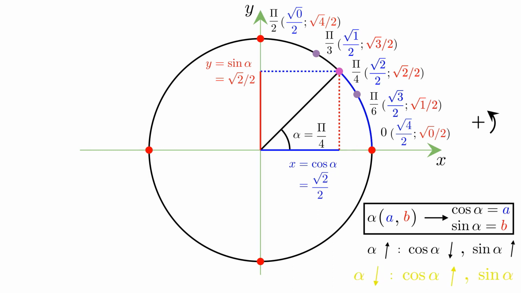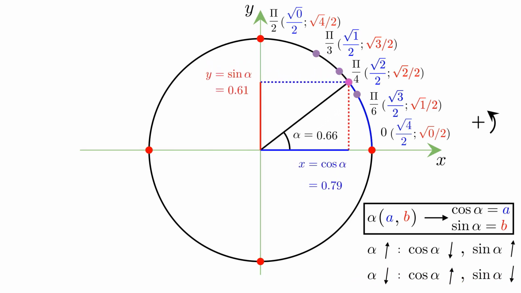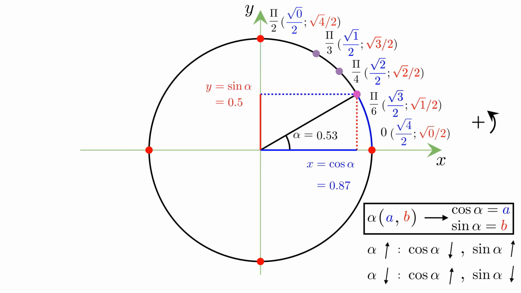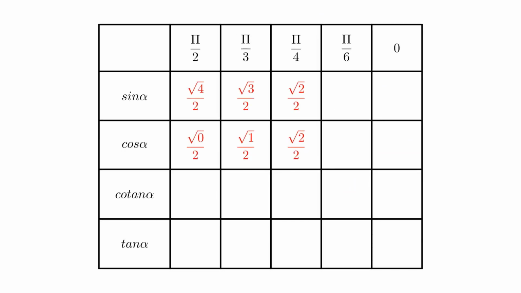And remember the rule as alpha decreases. The value of cosine will increase to the square root of 3 divided by 2. The value of sine will decrease to the square root of 1 divided by 2.